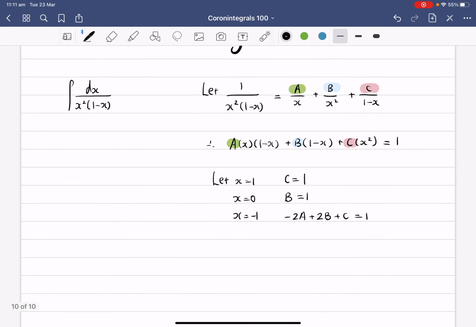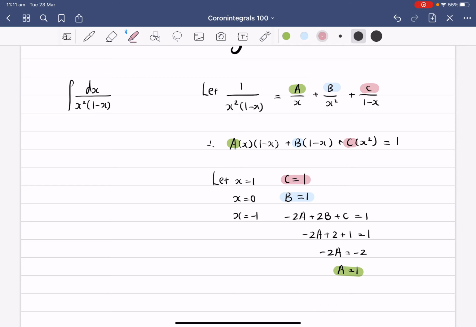Once we finish that, we need to substitute the value of b and c to find out the value of a. So we get minus 2a plus 2 plus 1 equals 1. So eventually negative 2a is equal to minus 2, a is equal to 1. Okay, so these are the three values that I have. a is equal to 1, b is equal to 1, c is equal to 1.